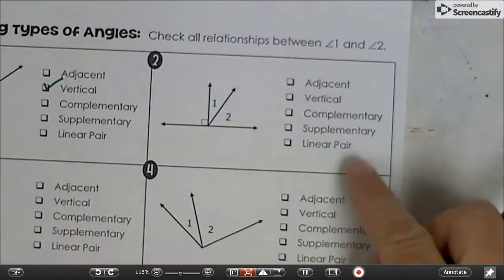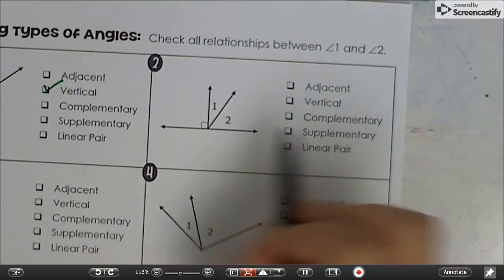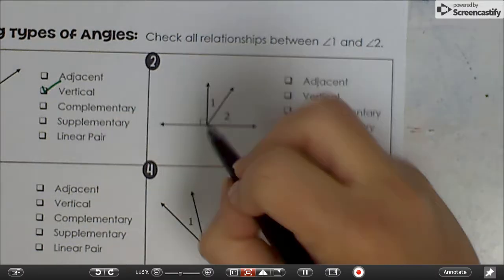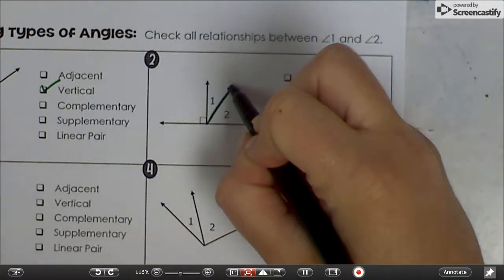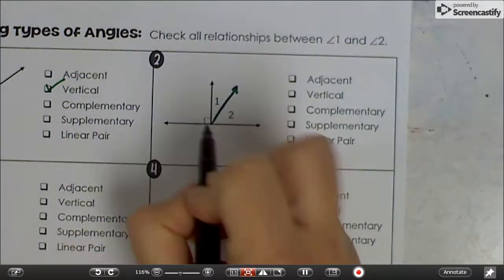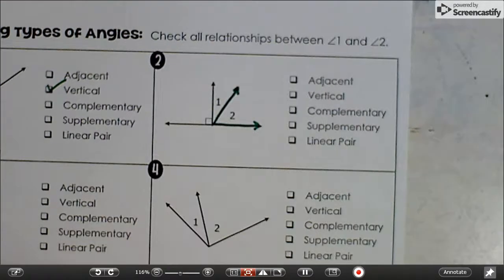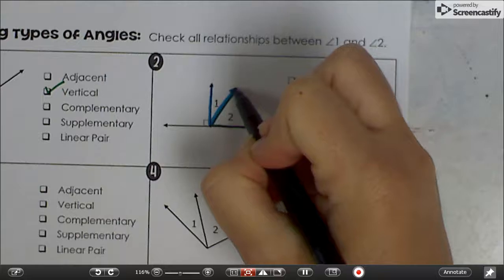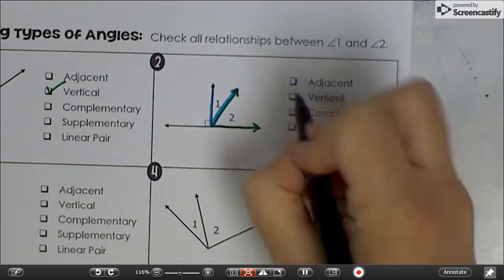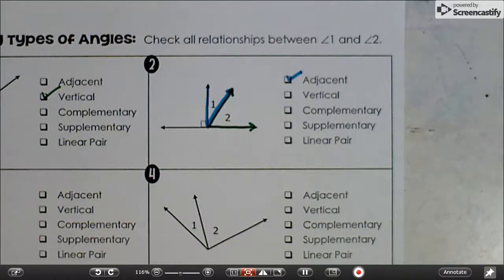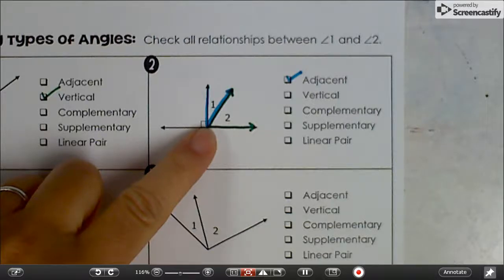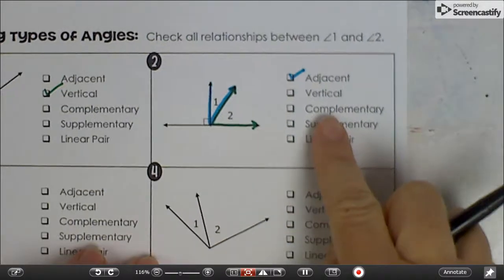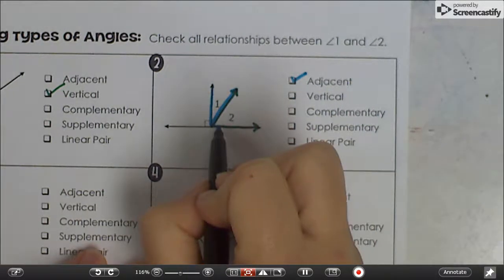Number 2, these angles are adjacent because they're sharing this side. It's part of both angles. So if I trace this angle and then I trace the other angle, you see that they're sharing that side, so they are adjacent. They're not vertical angles. They are complementary, but they don't have that box in the corner.